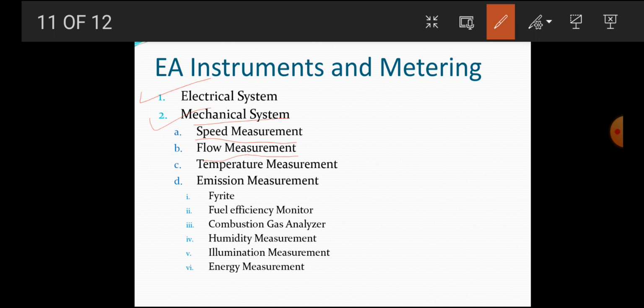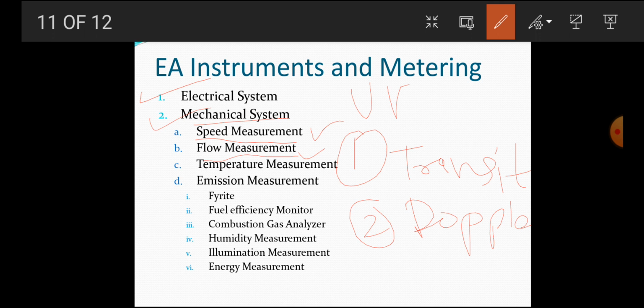There are two main types of ultrasonic flow meters. So for speed we use the stroboscope, and for flow measurement we will see ultrasonic flow meters. Number one is the transit type, and second is the Doppler type.